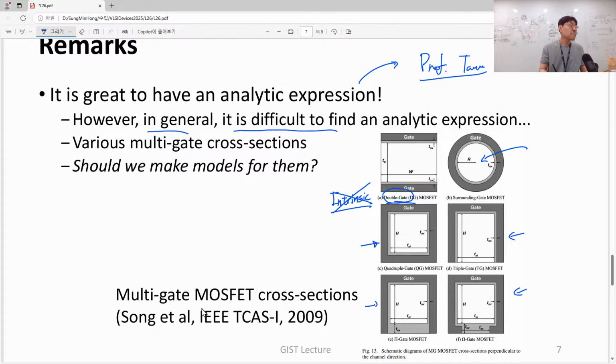So there are many different cross sections. Among them, from our point of view, the currently most relevant cross section is this quadruple gate. Yes, this is a gate all around structure with a more or less rectangular shape.